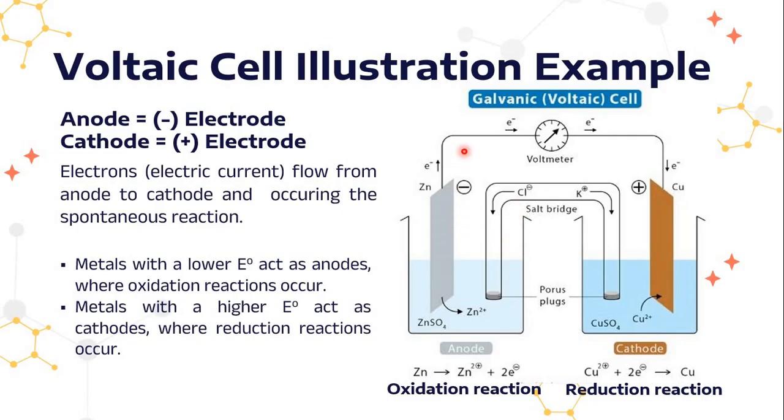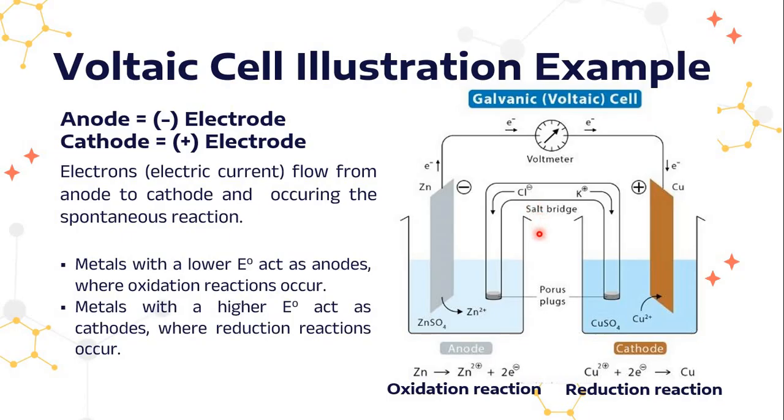Because these two electrodes are placed in different chambers, it is necessary to put in a connector. The connector is called a salt bridge. A salt bridge contains a salt, which consists of anions and cations. Anions are negative ions and cations are positive ions.